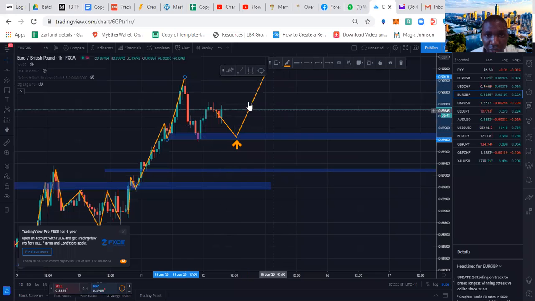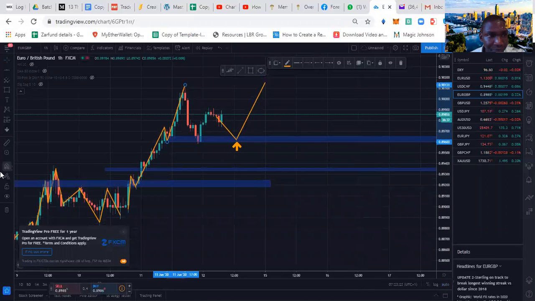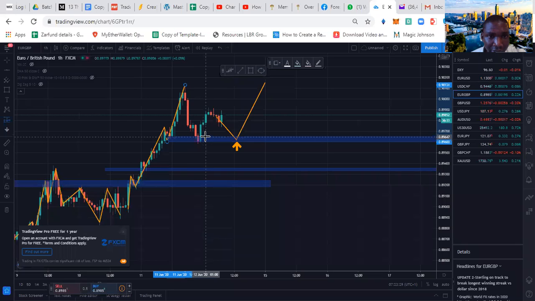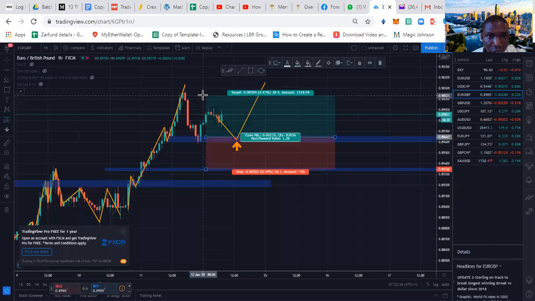All right, so if we are going to get that structure, let's mark the way it is going to look. We're looking to enter somewhere around here for a buy. Then we'll look to take profit somewhere around here for about 30 pips.